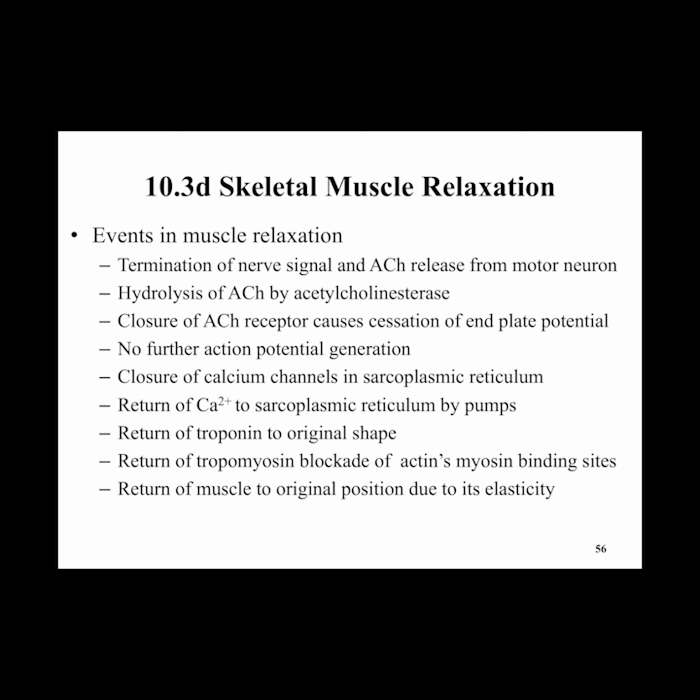Muscle contraction, relaxation. For relaxation, several steps are needed. First, the nerve action potential signal at the motor neuron must stop. Second, at the synaptic cleft, ACHE breaks down ACH.